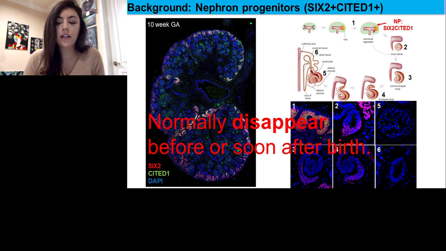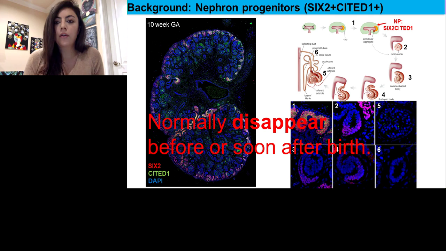So here's immunofluorescence staining of a 10-week fetal kidney that identifies these nephron progenitors. SIX2 is identified by red, CITED1 in green, and DAPI showing nuclear staining. We could see that the expression of these markers is in the nephrogenic zone, in the outer layer and inner lobes of the kidney.